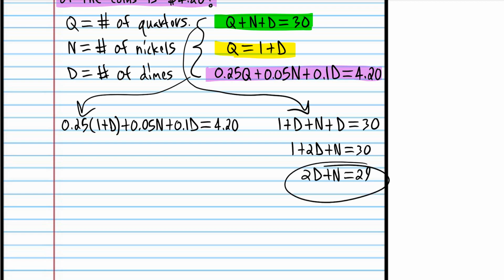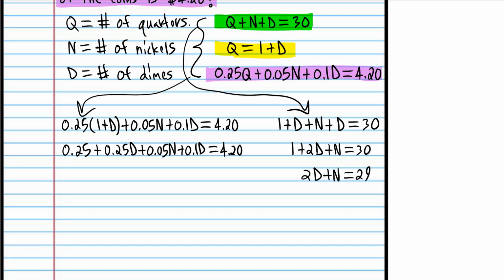So we simplified that equation. And over here I'm going to distribute. So we get 0.25 plus 0.25d, and we can combine the d's.